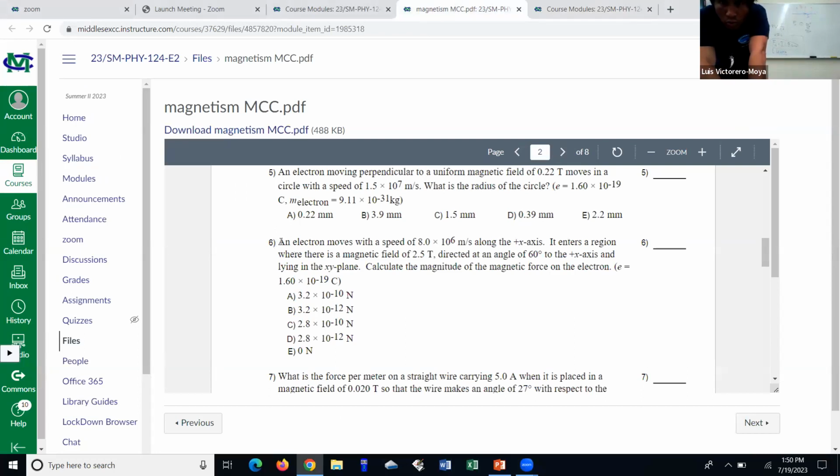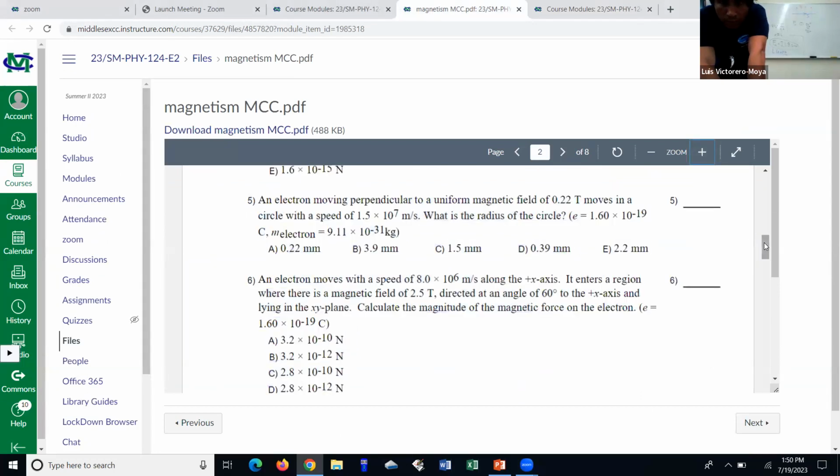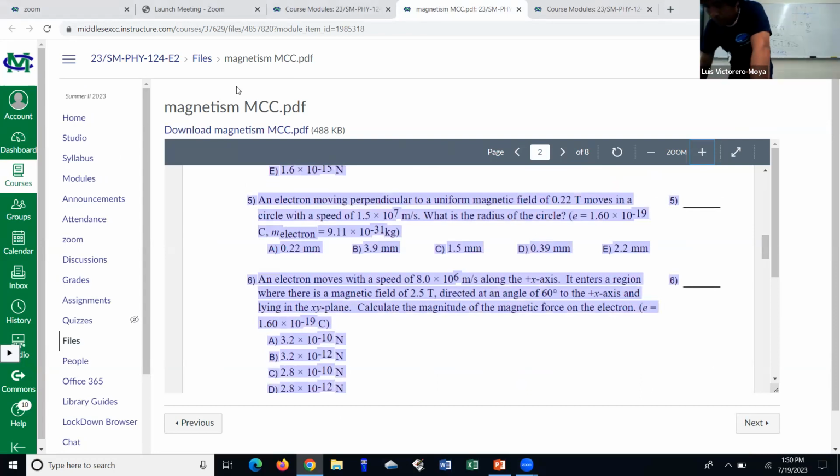I'll do problem 5 and problem 6. In fact, both of those problems are similar to what you could find in a final exam. Same level.